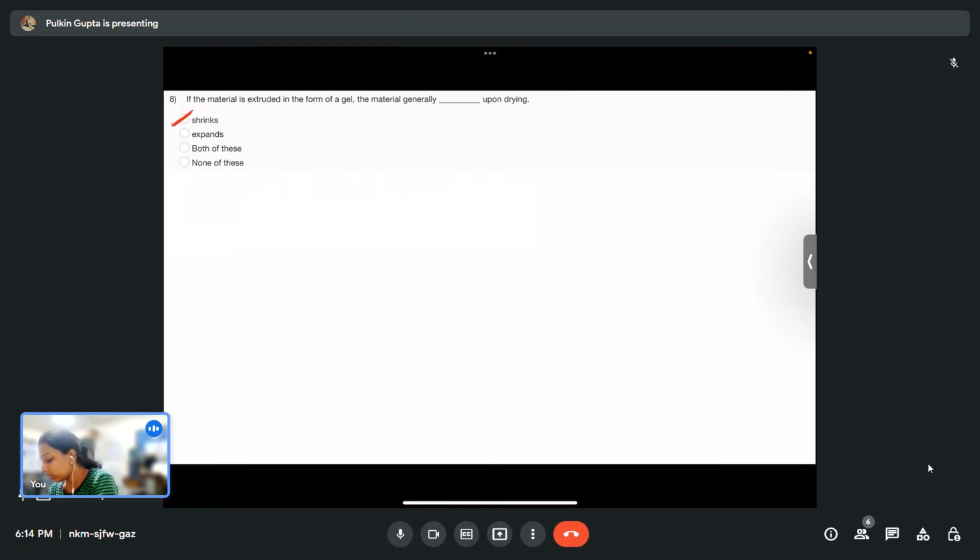Why does it shrink? It is in the form of a gel. That means it has some water or solvent content. And when this part dries, these will evaporate.